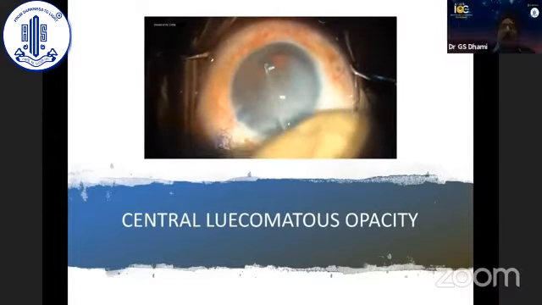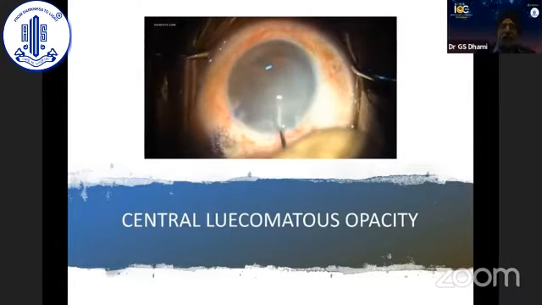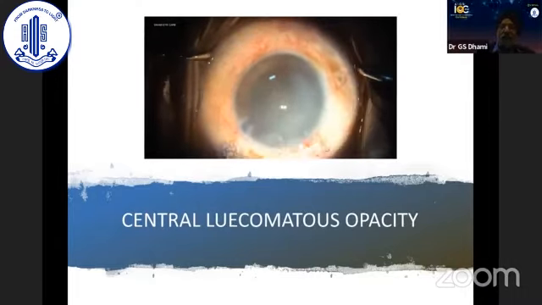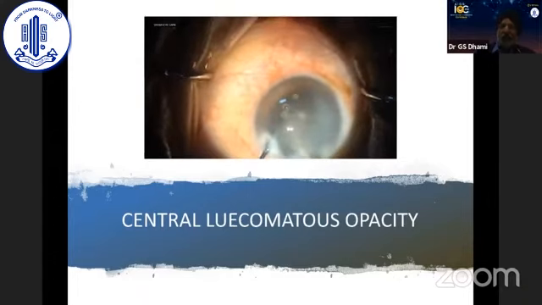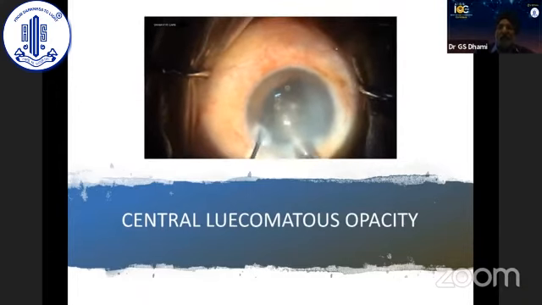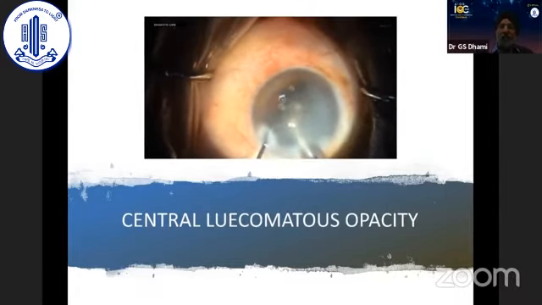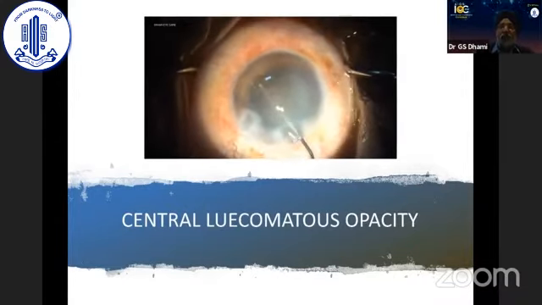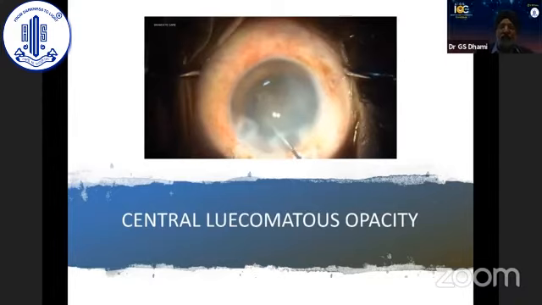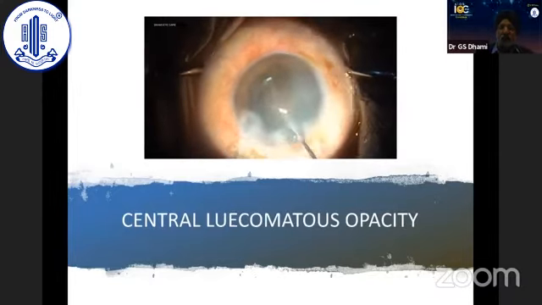These steps have to be carefully performed because the visualization is poor. You have to hydrate or hydrodelaminate the cataract and do a slow phacoemulsification, saving the corneal endothelium for good residual vision with a good viscoelastic, preferably with repeated instillation, which is a must.